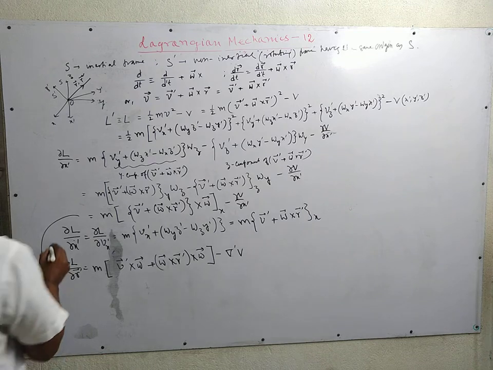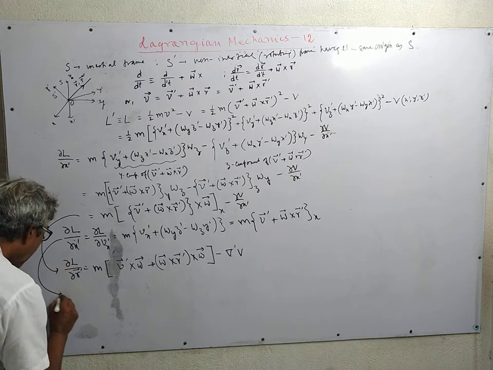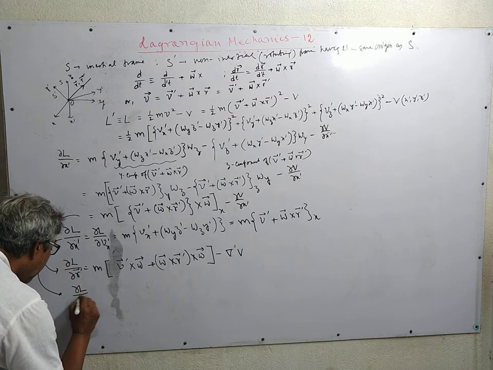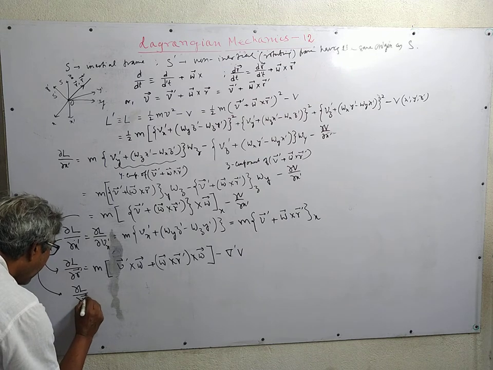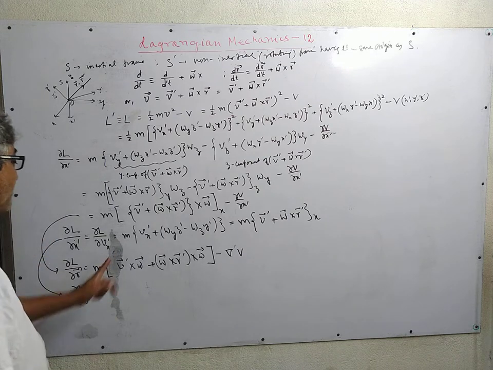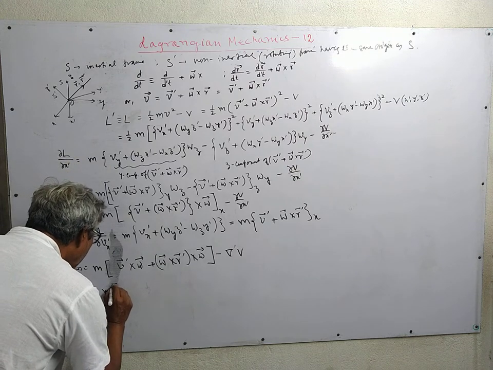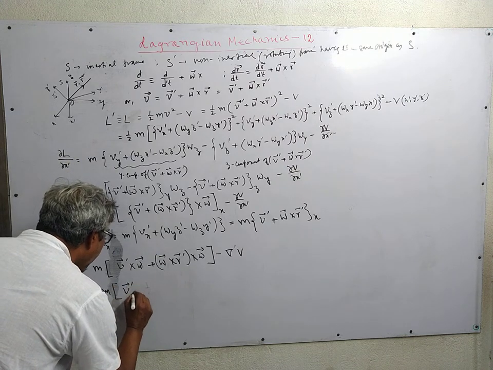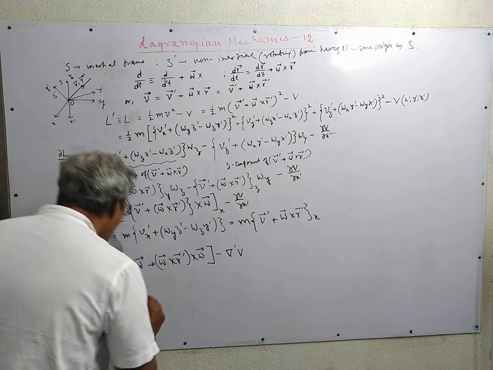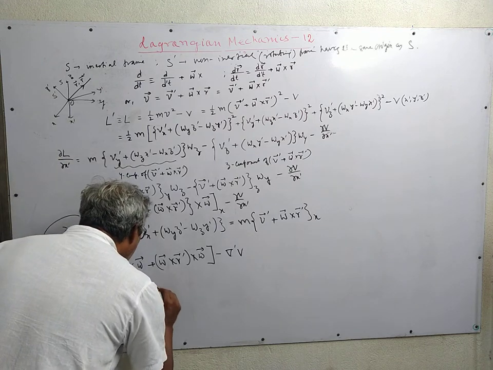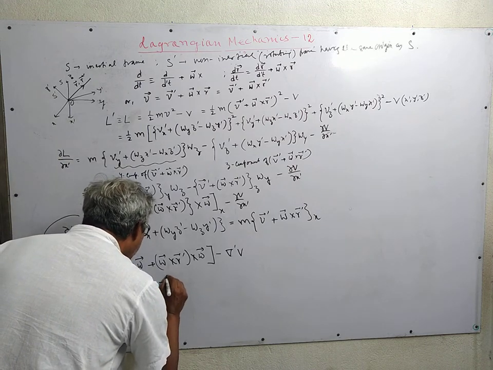And similarly, del L del V prime is equal to m times V prime plus omega cross r prime.